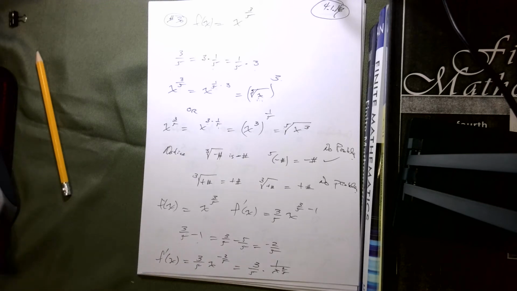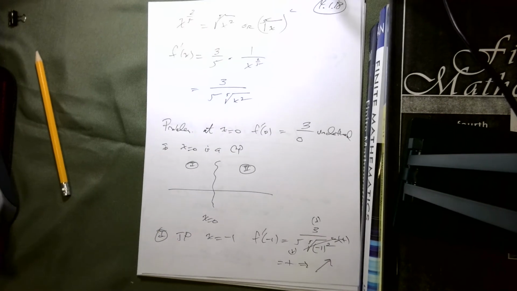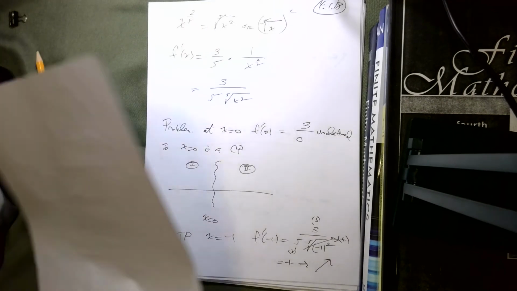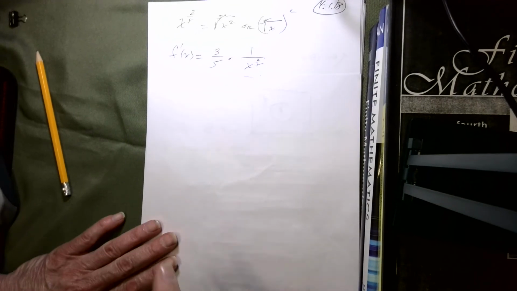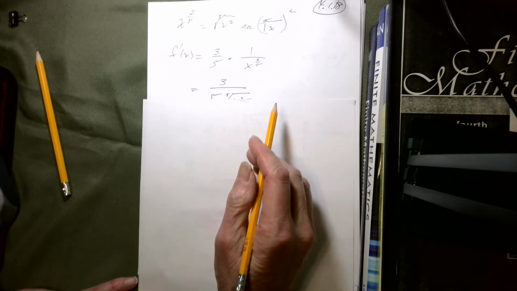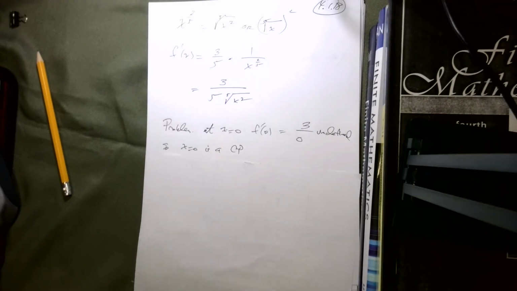Now, we have a big problem here, because this could be 0, correct? There's nothing to say that I can't have 0 here. If I try to set this whole thing equal to 0, this is a fraction. 3 times 1 can never be 0, so the only critical point is where? At x equals 0. Okay. So I could rewrite this, the x to the 2/5, as x squared raised to the fifth root of that.